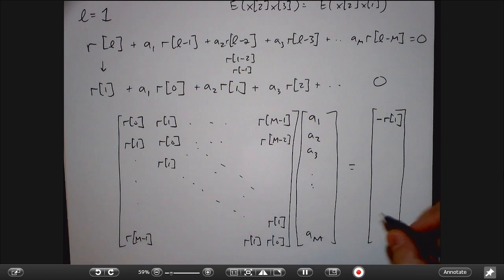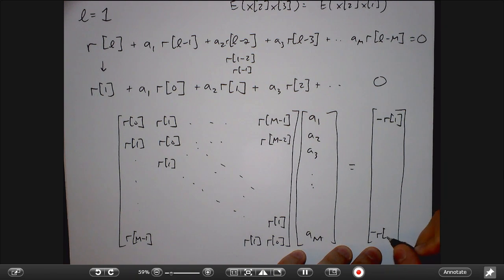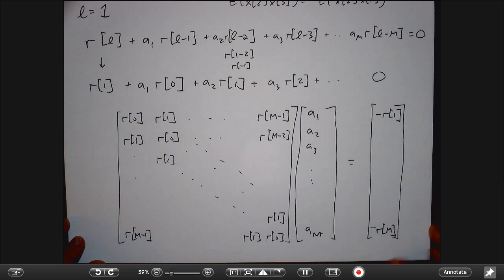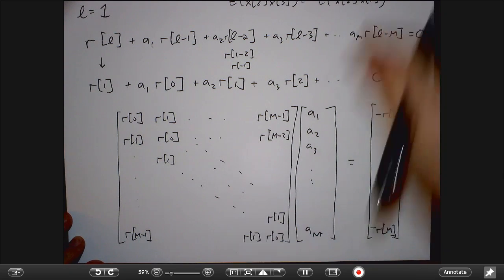Okay, so on the right-hand side, what I have is going to be the other lags that go from minus 1 to minus m. And so what I get is this system of equations where I can recognize this is just simply the autocorrelation matrix.